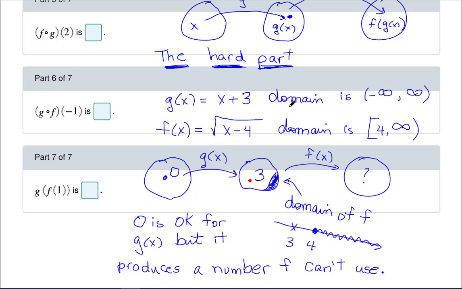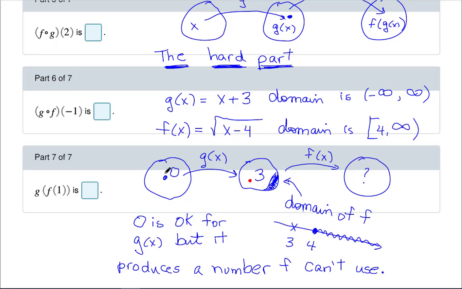That's no problem because the domain for g is everything. And so 0 plus 3 is 3. No problem at all. But the problem is the following. f can't use it. Even though 0 is fine for g and g produces 3, the domain for f starts off at 4. So here's 3 and the domain of f starts off at 4, so f can't pick it up.